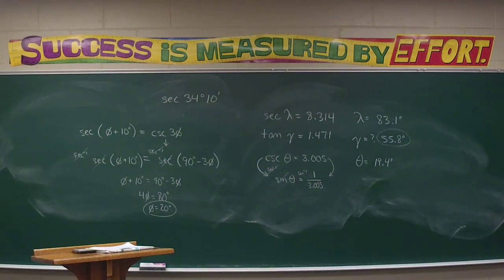We can't take the secant, we can take the cosine. So we're going to start with the cosine of 34 degrees, 10, you have to tab over minutes, equals. And then you'll have to take the reciprocal of that, which is your x negative 1. And that gives me the answer.